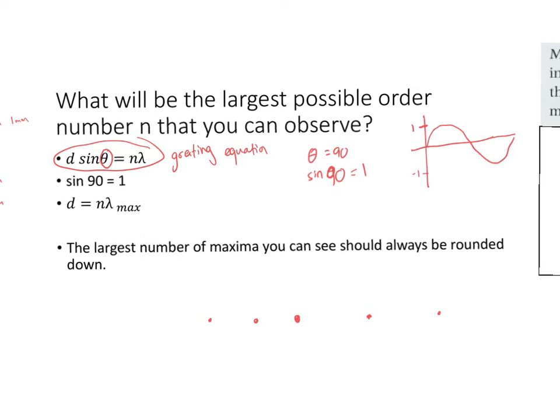So for you to be able to get the maximum number of orders that you can observe, you need to turn theta into 90. So that will mean sine 90 is equal to 1. Therefore, this will give you the maximum number of orders that you can see in that case.